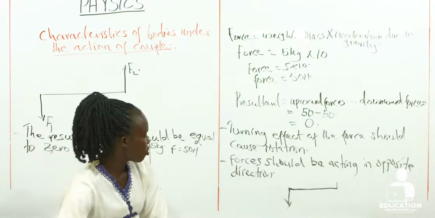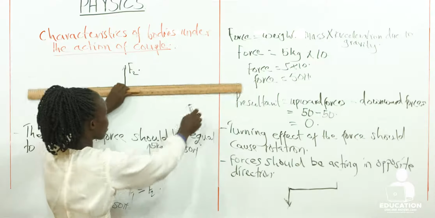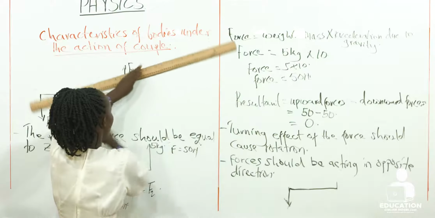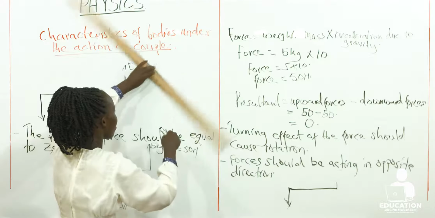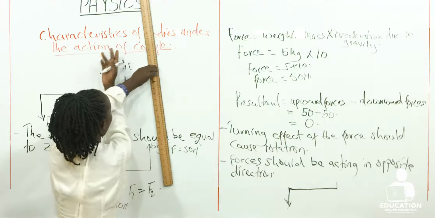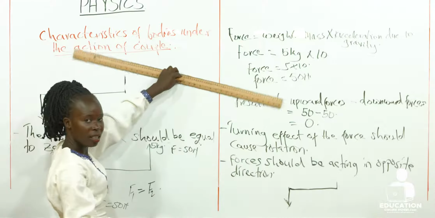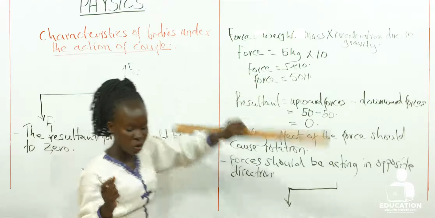As I pull this and I'm rotating it here, it keeps on rotating alone. If I want to stop it or balance it, I need to apply another force this way so that they can balance each other, or it can come to a stop.